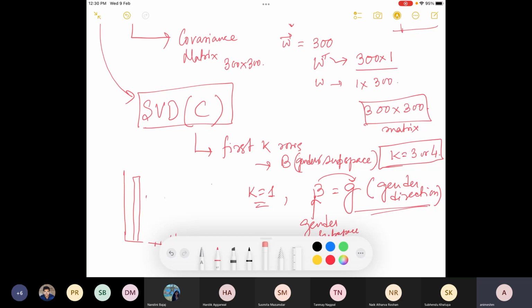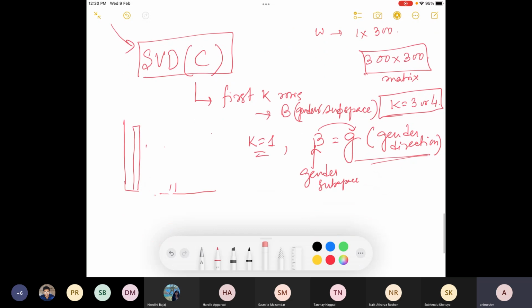Recall, at every step you have to recall what is happening in the previous step, otherwise it will be difficult for you to explain. So this is a covariance matrix of the gender defining pairs.